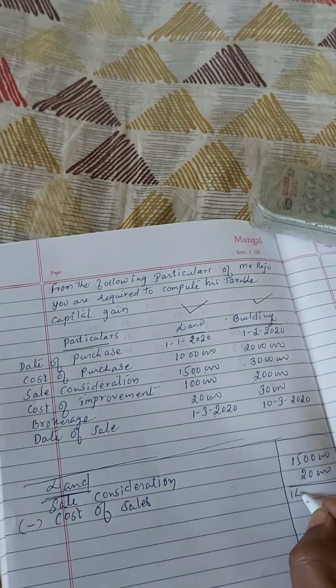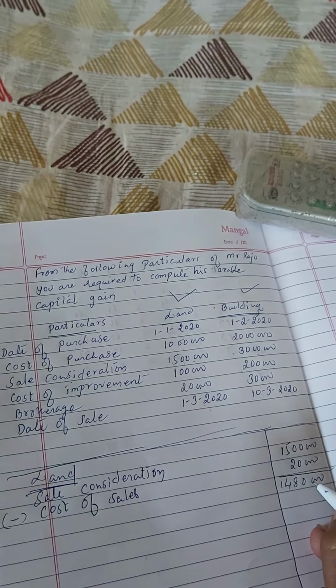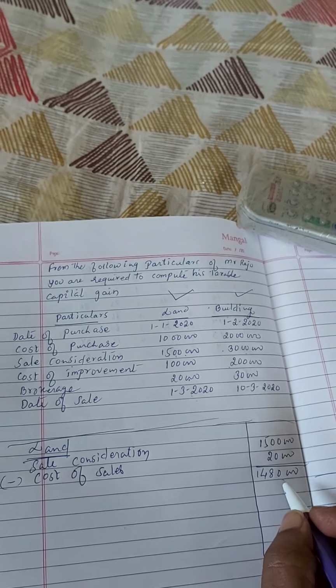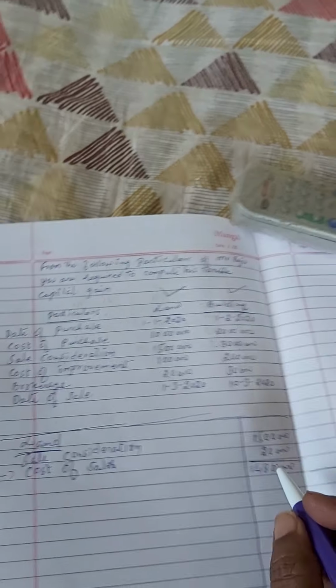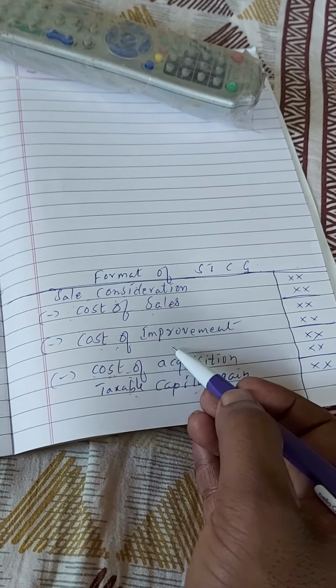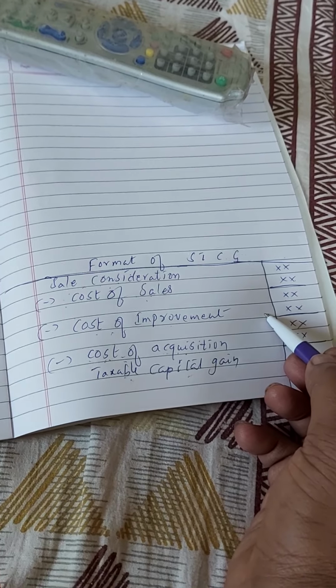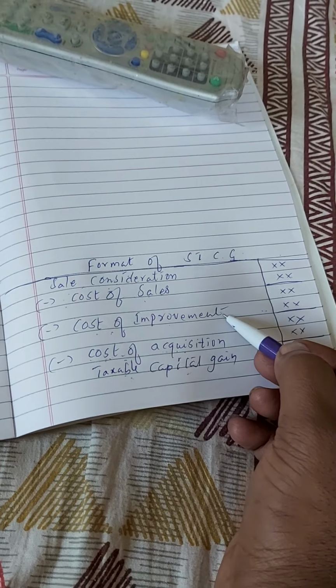The balance will be 14,80,000. Next, after deducting the cost of sales, as per this format, any cost of improvement should be deducted.